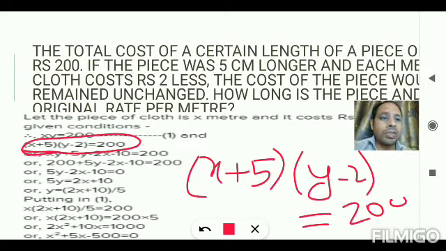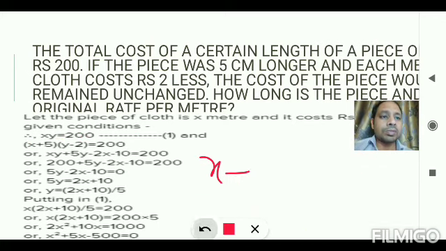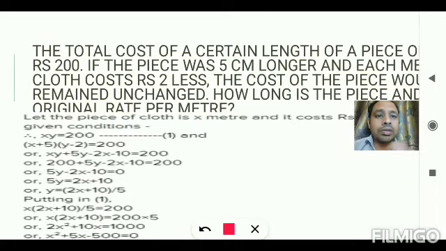Now if you simplify this one, you will get 5y equals to 2x plus 10.